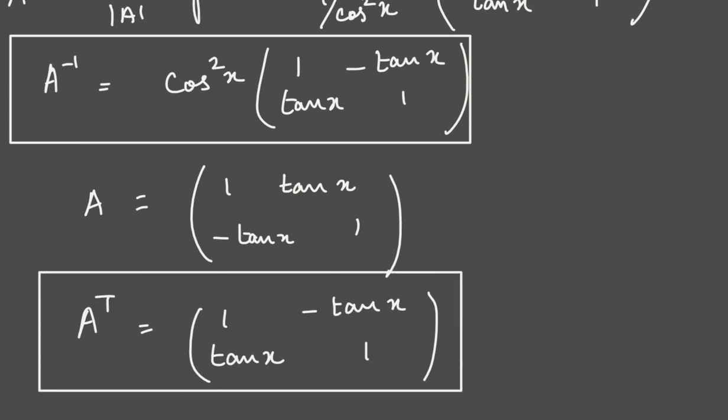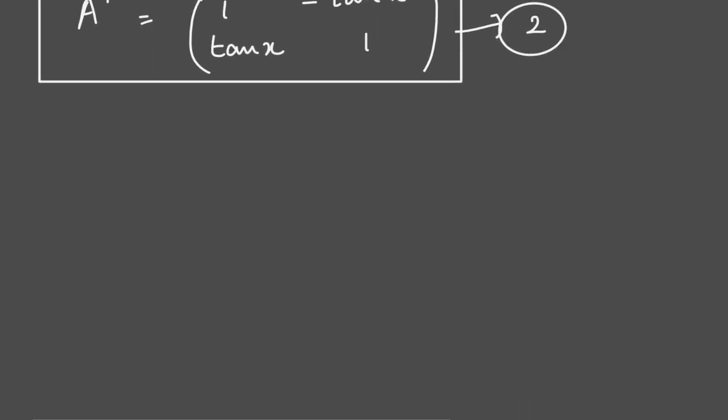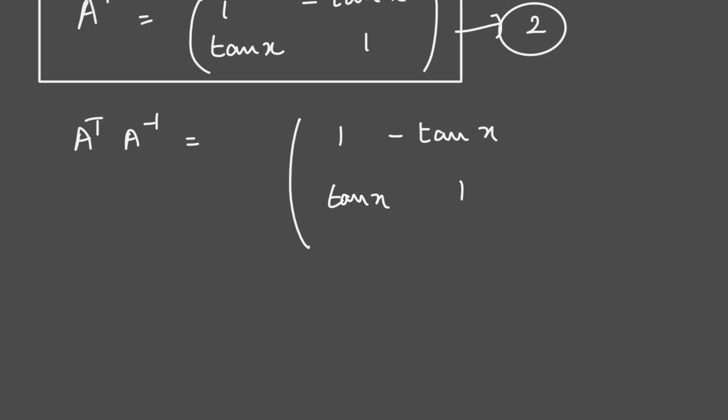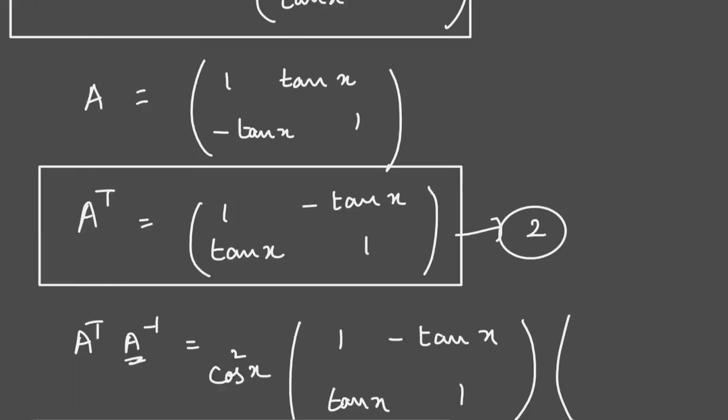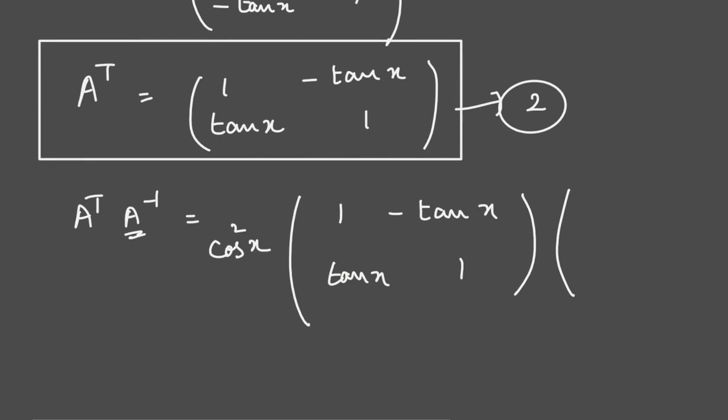Now we take the product of the two. The question asks us to find the product of the given two matrices. So the product of the transpose and the inverse will be 1 minus tan x, tan x 1, into A inverse, which we have found: cos square x into 1 minus tan x, tan x 1.